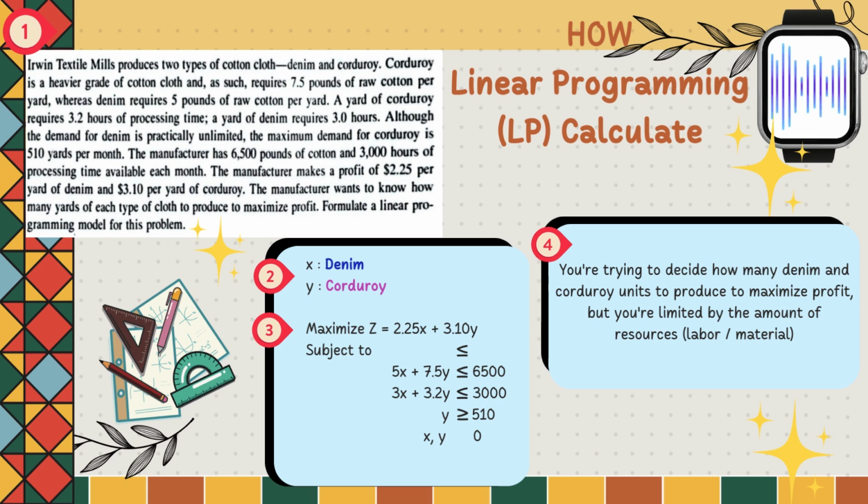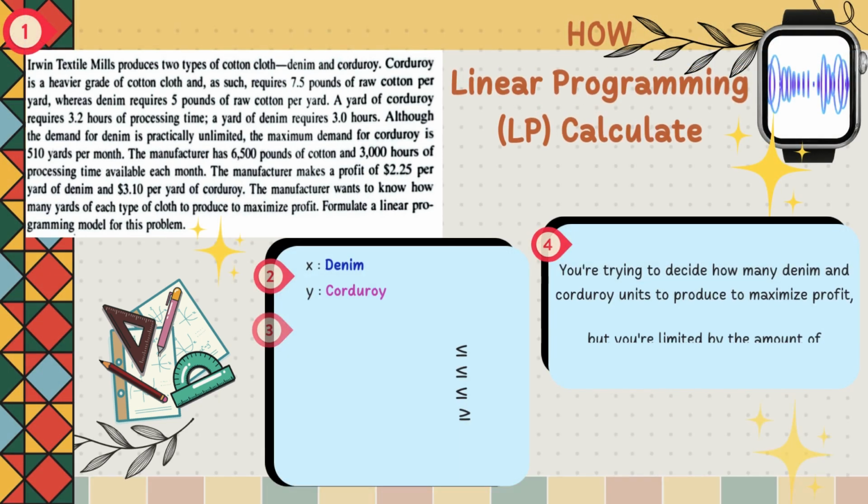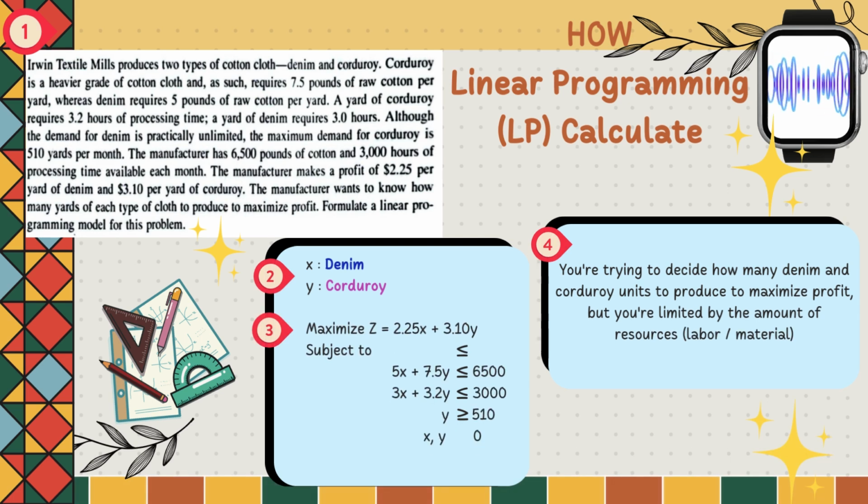Step 3, you must write maximize Z and subject to. All the numbers in this slide are already in your question. And step 4, the last part, is you must conclude all the calculations. So the conclusion is you are trying to decide how many denim and corduroy you need to produce to maximize profit, but you are limited by the amount of resources, labor, or material.